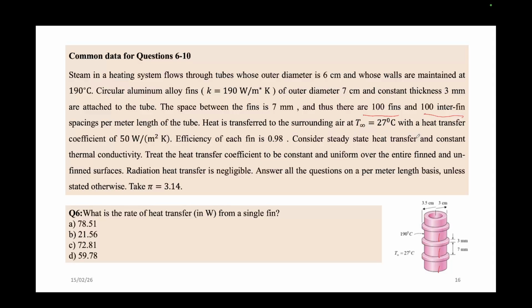The T infinity is given, the heat transfer coefficient is given. Efficiency is given, not effectiveness, that means eta fin is given as 0.98. Okay, so steady state and constant thermal conductivity are given.